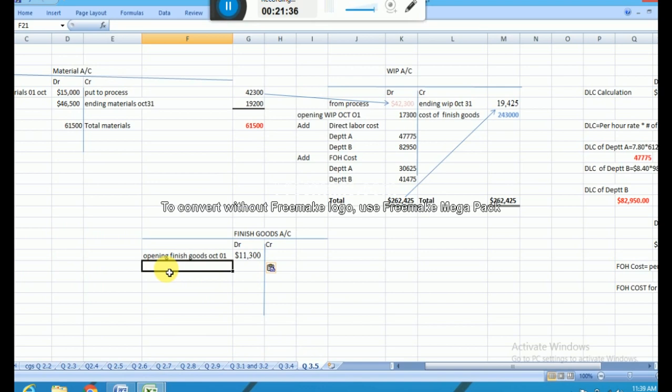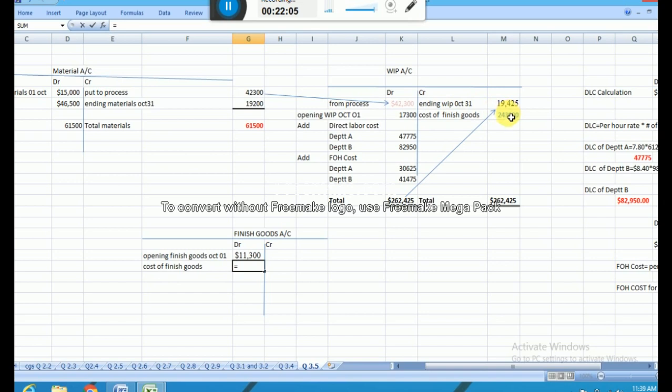During the month, we produced cost of goods manufactured. Yes, cost of finished goods. How much?